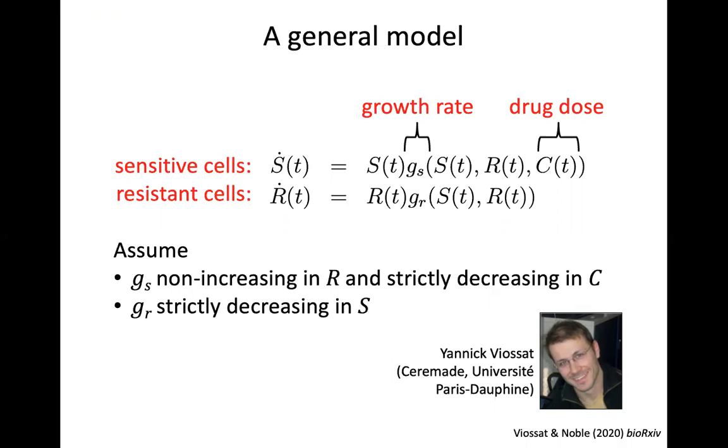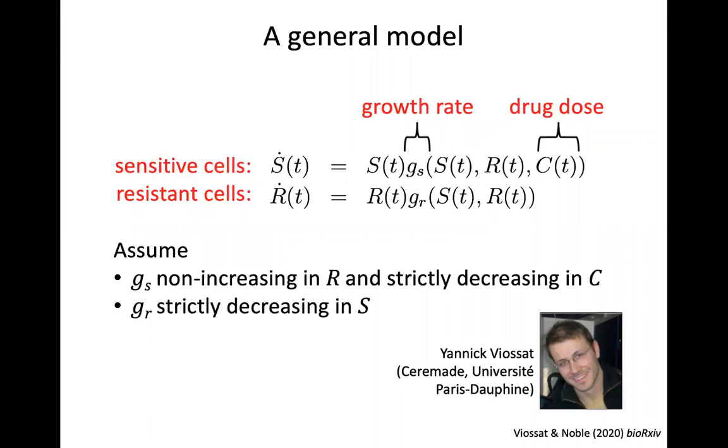It is further up, but it may be interesting to the audience here. The question is, could you provide more intuition on why no fitness cost is needed? Essentially, because of these assumptions we make here. The only way we have of suppressing the growth of resistant cells is through competition with sensitive cells.